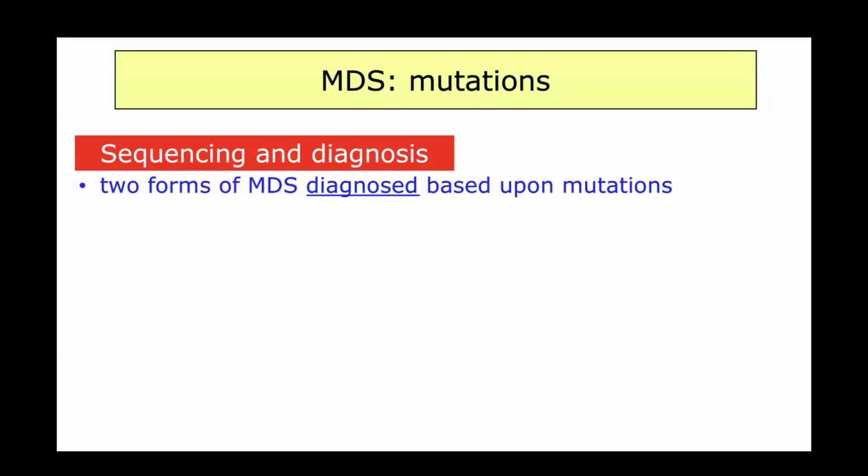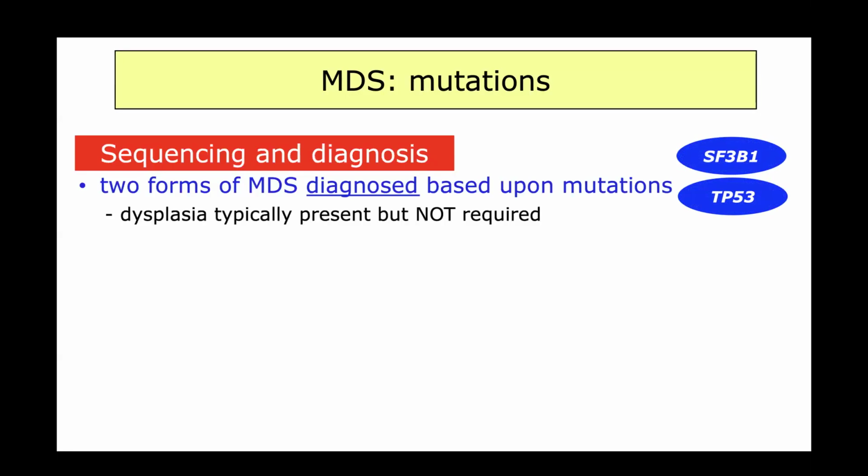With regard to sequencing and diagnosis, as I've mentioned before, there are two forms of MDS that can be diagnosed based upon mutations, as long as you have an associated cytopenia. And those two mutations are SF3B1 and TP53. And whereas morphologic dysplasia is typically present in such cases, it is not required.